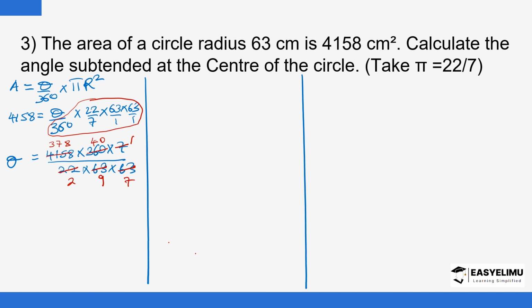So you can still subdivide further. So 2 goes here 1, 2 goes into 40, 20 times. Now 9 goes here once, 9 goes into 37 4 times because of 36.